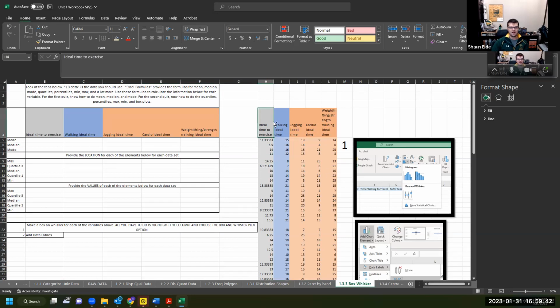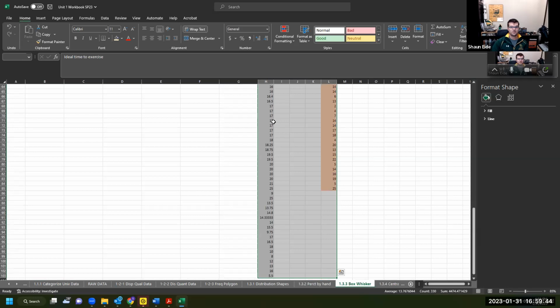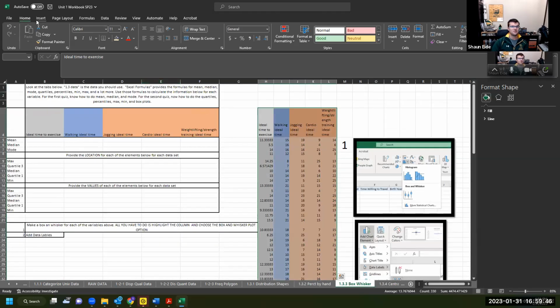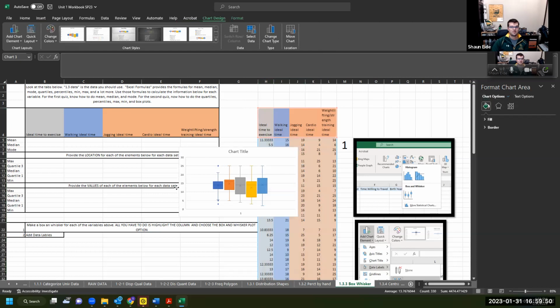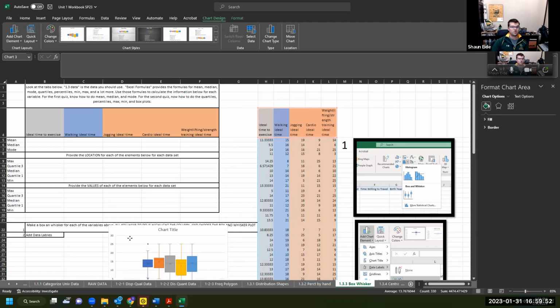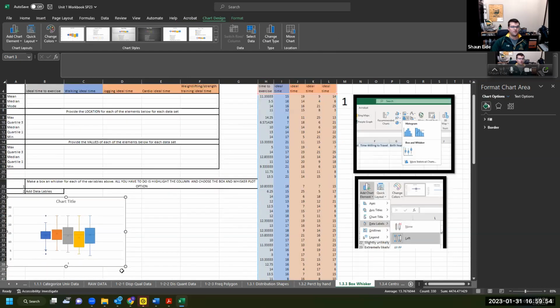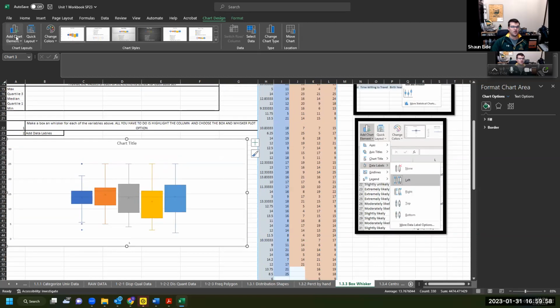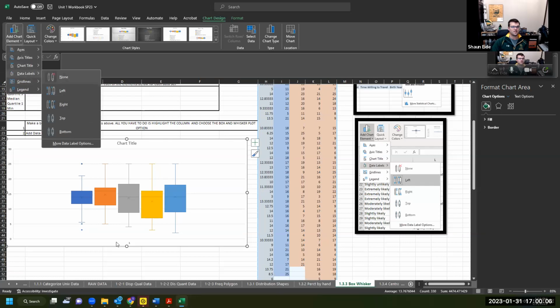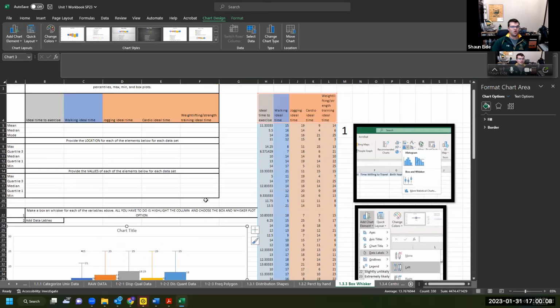For this one, you can literally just highlight all of them at the same time, insert, box and whisker, and you can put all of that information in based on what it is, and just add the chart elements, data label, literally just read this chart down here and put all the values here.